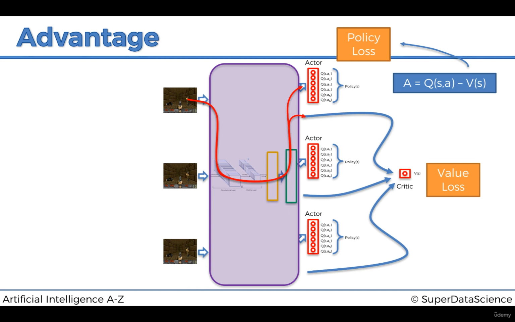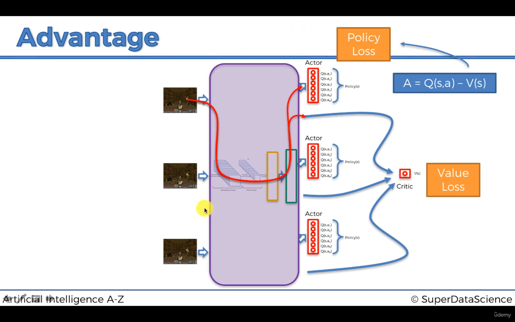You have these asynchronous agents. So this is the asynchronous side of things. Then this is your actor and your critic, and this is your advantage, and how that all comes into play. These asynchronous agents are exploring the environment and working through it, and they're all together contributing to a critic, which is then observing their policies, observing the actors, and through the advantage, coming up with this policy loss.